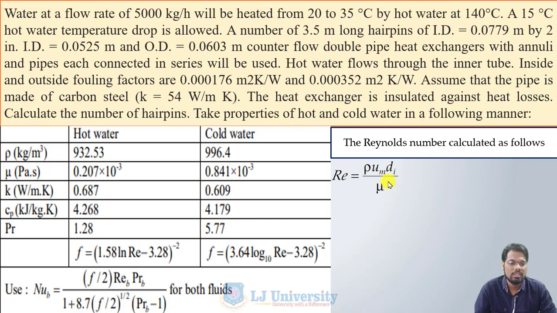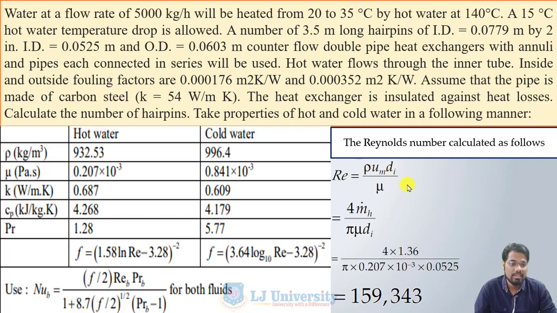Now from the velocity, we can easily find out the value of Reynolds number by using the equation rho v d by mu, or we can say rho into velocity into diameter, the inside diameter through which fluid is flowing, divided by the viscosity. Or we can simplify this equation into this form: 4 into mass flow rate divided by pi mu di.